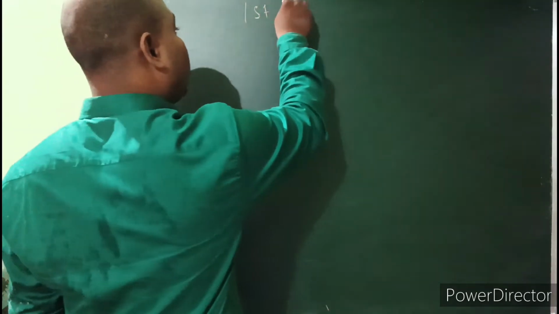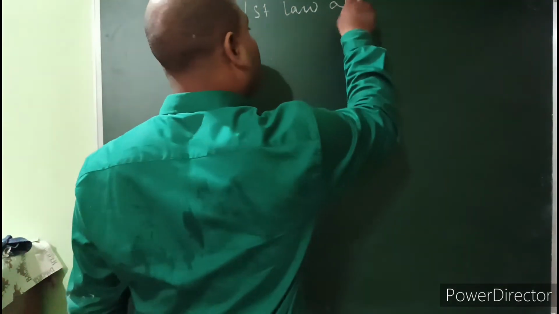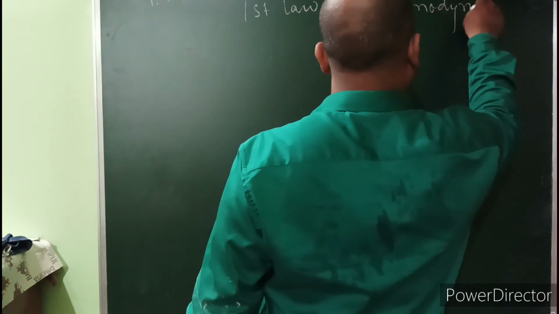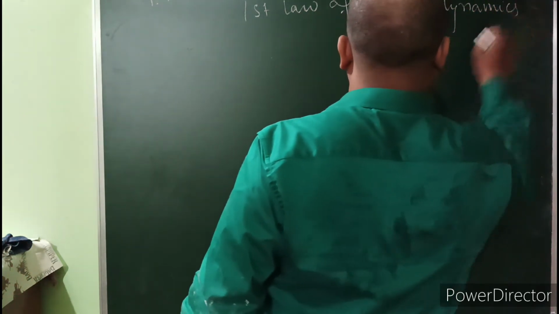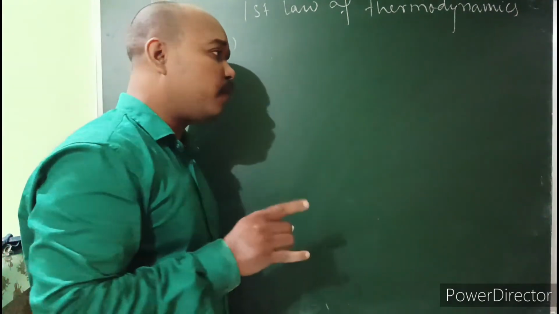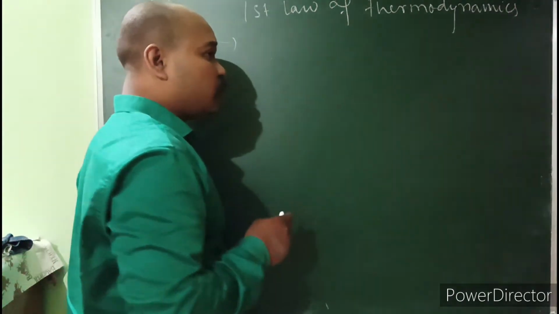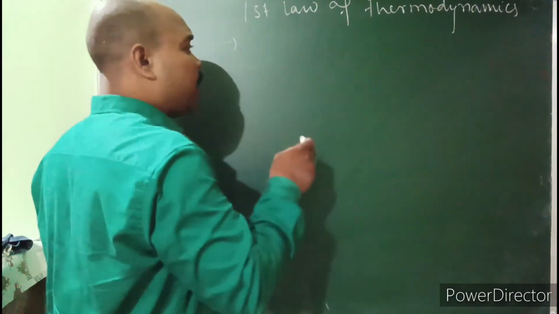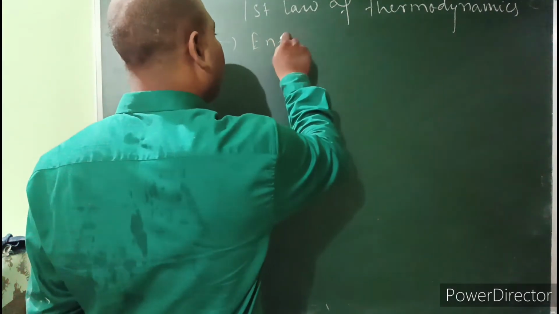Now we will discuss the first law of thermodynamics. It is also known as the law of conservation of energy. So we know what the law of conservation of energy is.